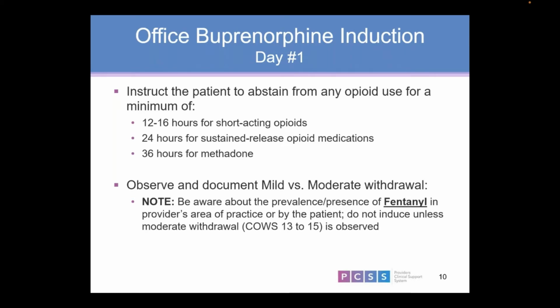It should be noted that because of the availability now and how often we're seeing fentanyl, you may want to have them in a little further withdrawal so that you can see that this very powerful opioid is more out of their system before you start buprenorphine, so that they don't have an adverse response.